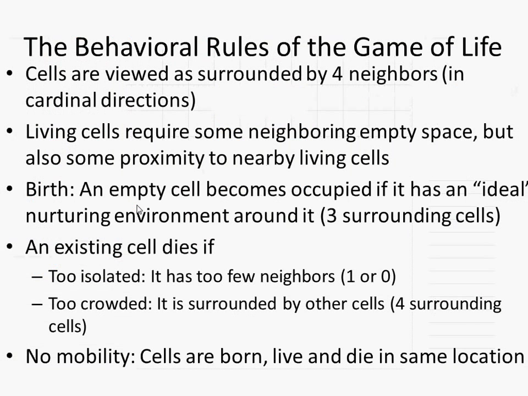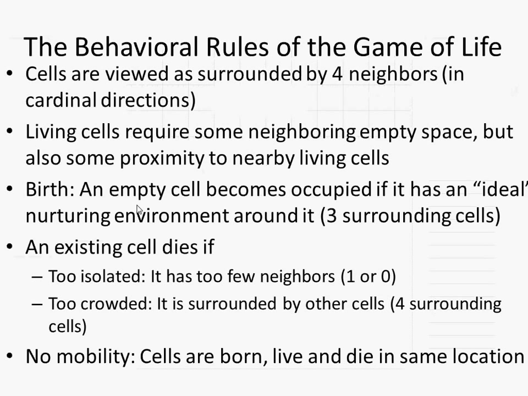Now, using the analogy with cells, what Conway posited for the sake of this game was a stylized representation where cells need a certain amount of free space around them. They can't be cut off from blood flow or what have you by other cells entirely.